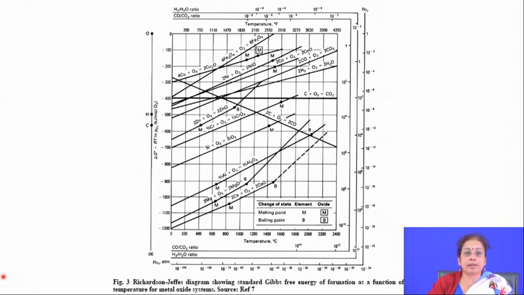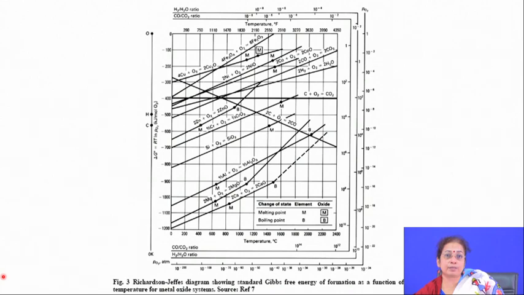There are different Ellingham diagrams for different environments, and the Ellingham diagram is very important because it acts as a guideline for the choice of material, or material combinations, for a specific environment and temperature.